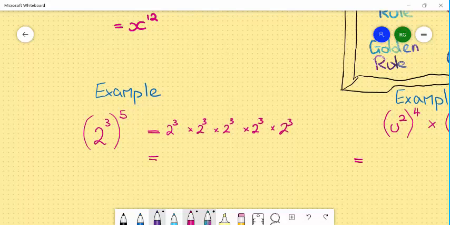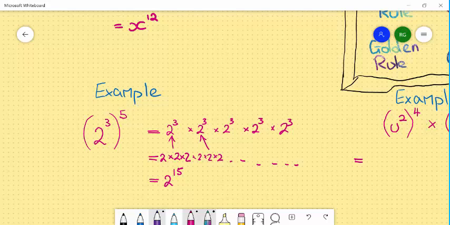Now, I could expand them again to be 2 times 2 times 2. That's that one, times 2 times 2 times 2, which is that one, and so on. Ultimately, I'm going to end up with 2 to the power of 15.